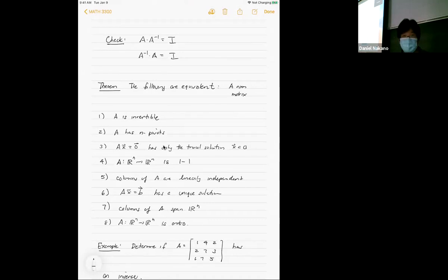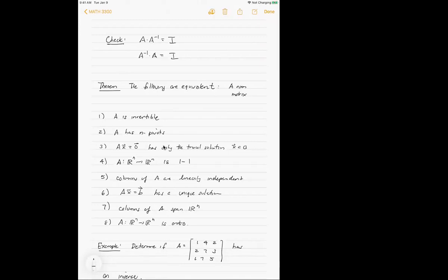All right. So which one do you think we should use? If we know B is invertible, what do we know about the homogeneous system? It has a unique solution.